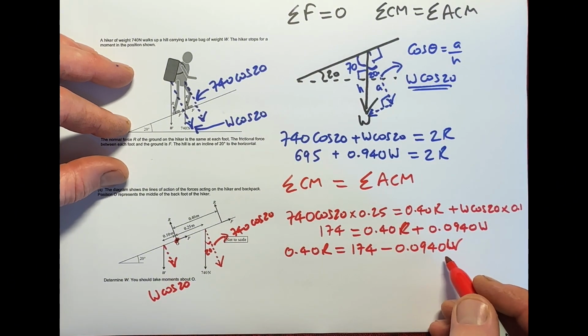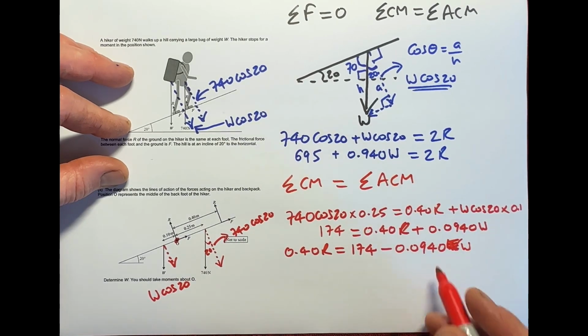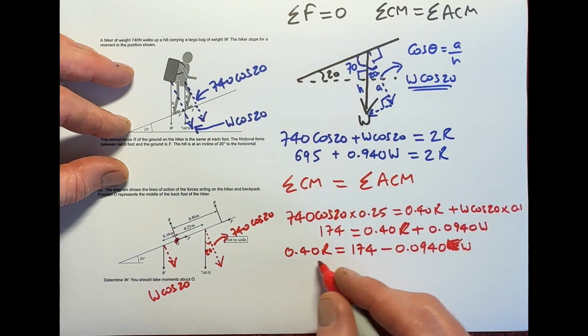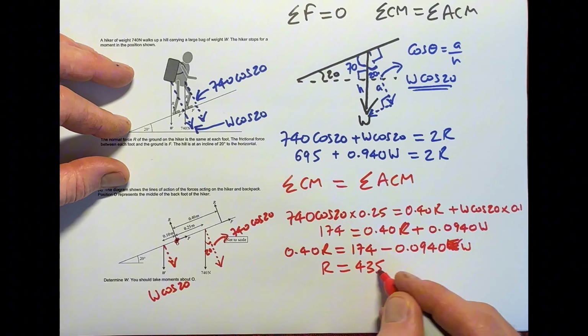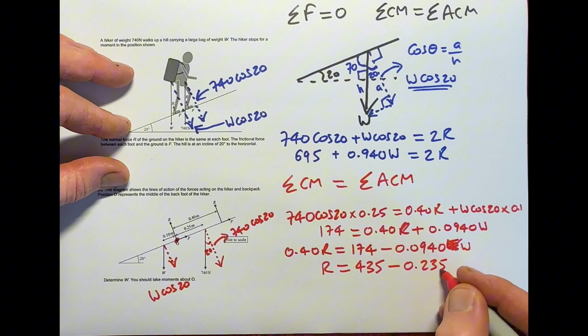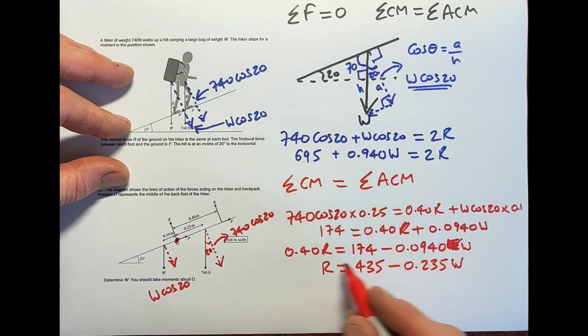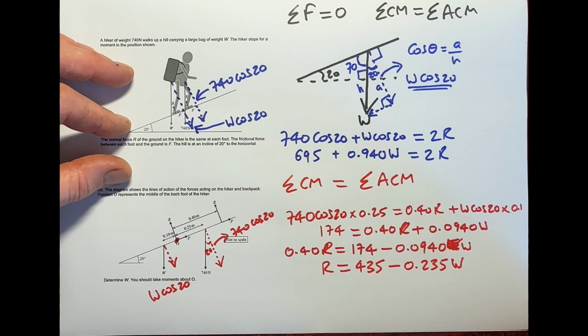That's supposed to be a W there, sorry, I'll rewrite that. So 0.0940 W. And then we can divide both sides by 0.4, so that's going to give us R equals 435 minus 0.235 W. So all I did there was divide both sides by 0.4. That's supposed to be an R, by the way.